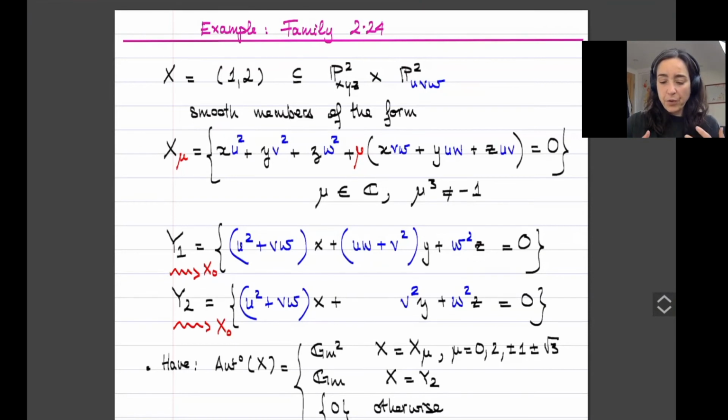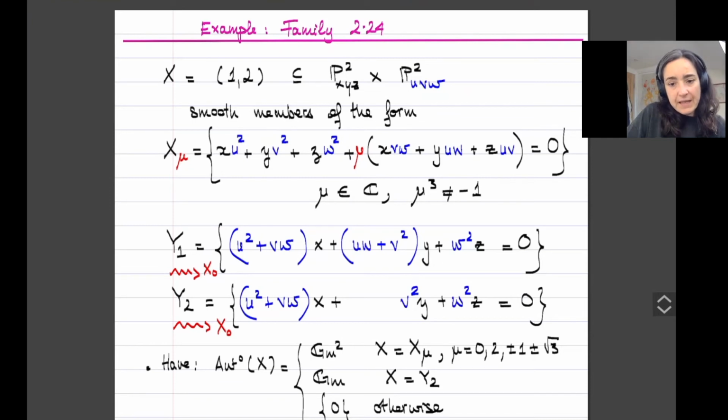Studying forms for these discriminant curves lets you show that you can write down the smooth members in one of the following three forms. So either X belongs to a one-dimensional family, X_mu, with an equation of this form. So here mu is taken to be in C, mu cubed is not equal to -1.